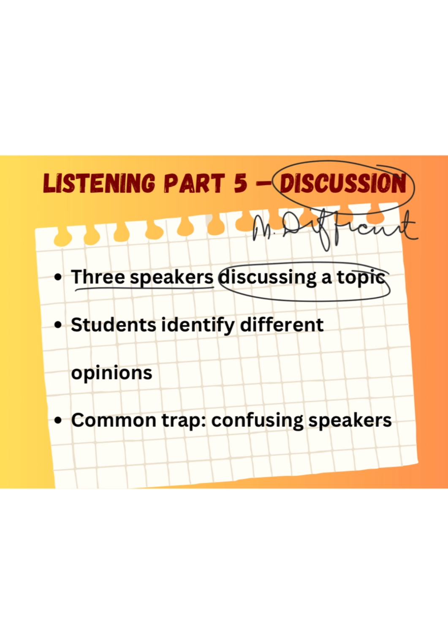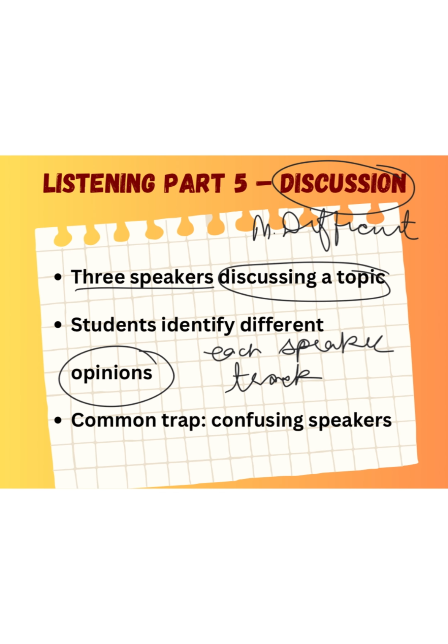So your focus should be on different opinions and identify each speaker carefully. Always track voices. If you do not track voices, then you will get confused for sure. So this is a tricky part, but we do have tricks for it, and with the help of the tricks, we can find the answers very clearly.